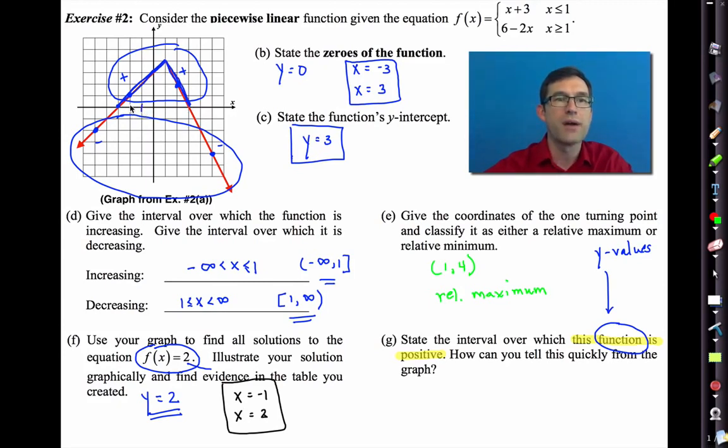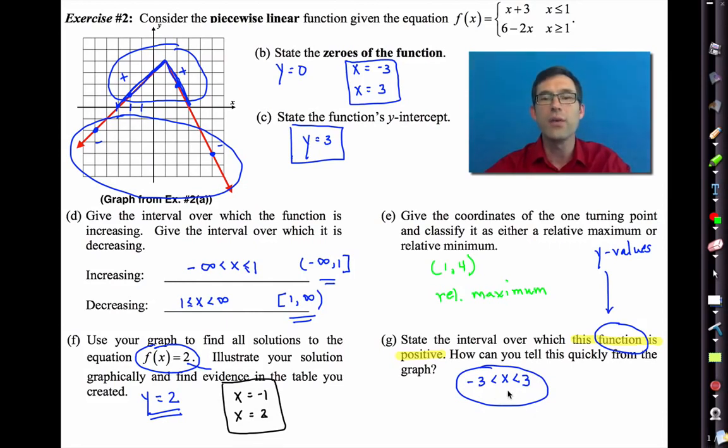It starts being positive, not at -3, but very close to -3, and then it ends being positive at x equals 3. Now, we cannot include the equals there because it's not above the x-axis. It's at the x-axis. Those are its zeros. But we cannot include the -3 and the 3 because it's not positive there.